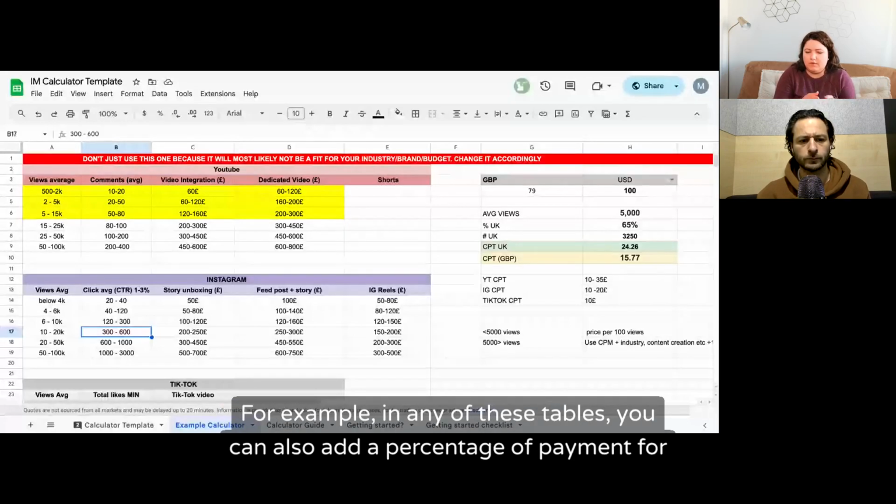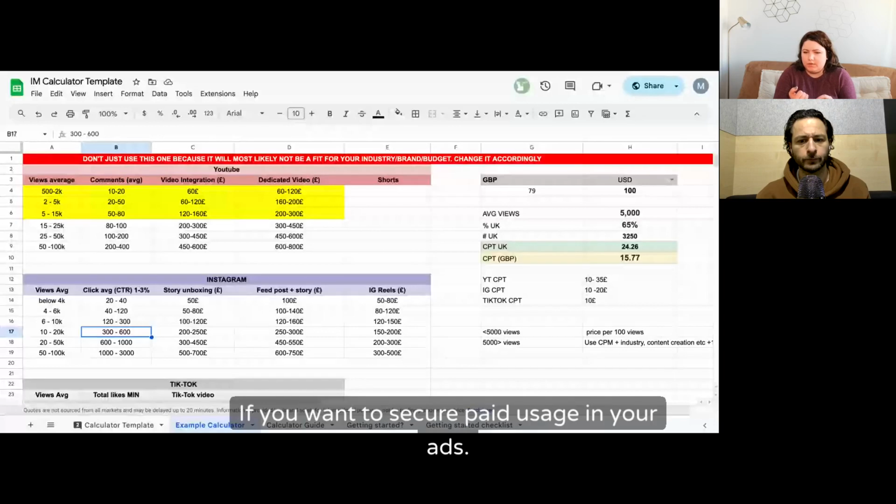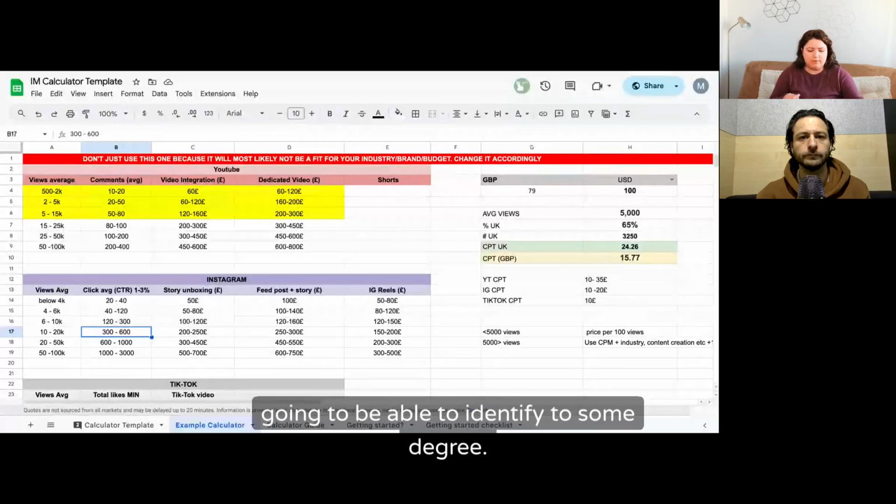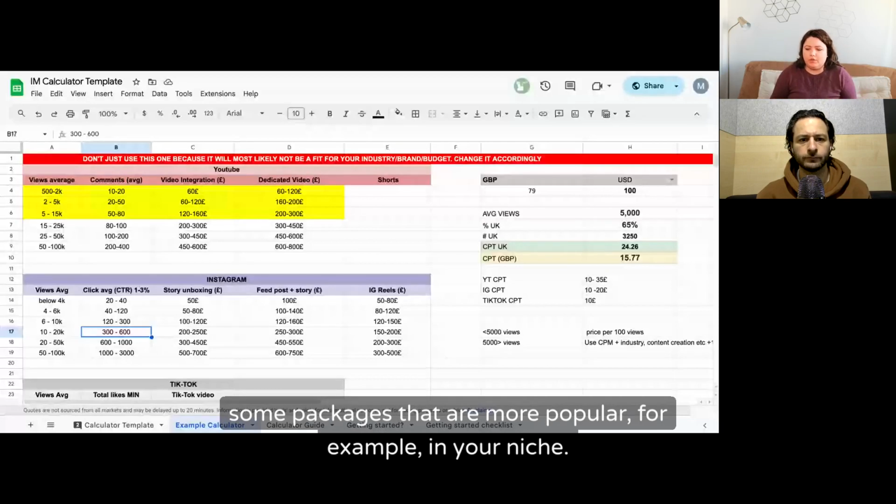For example, in any of these tables, you can also add a percentage of payment for usage, right? If you want to secure paid usage in your ads. You can add different packages based on when you start outreach. You're probably going to be able to identify to some degree some packages that are more popular in your niche.